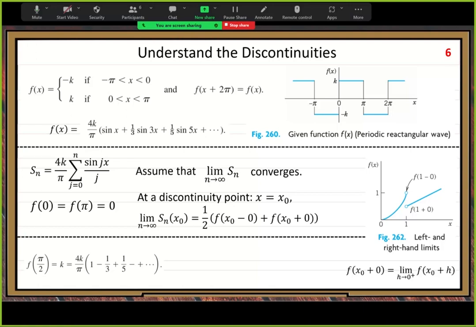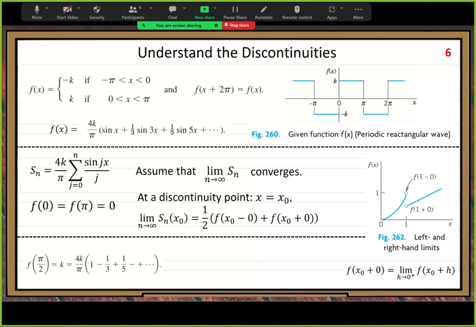Sine 3x, at 3 pi over 2, is negative 1, so you have a negative sign. At 5 pi over 2 it is positive 1. So you see the alternating signs, an alternating series, plus, minus.